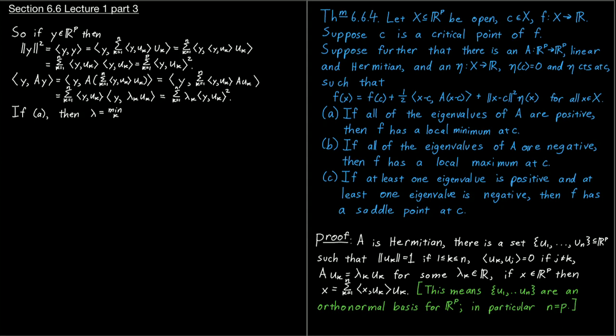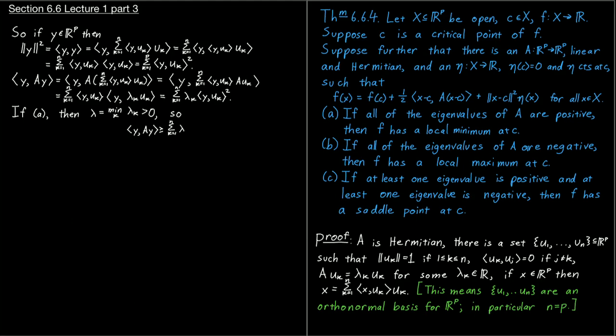There's only finitely many of the lambda k's, so one of them must be the smallest. Since they're all positive, the smallest of them is greater than 0. So the inner product of y with Ay is greater than or equal to this sum.